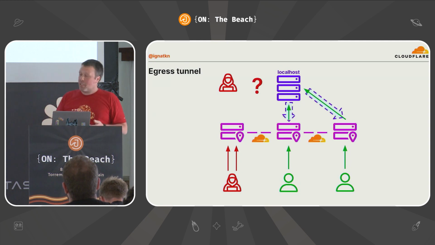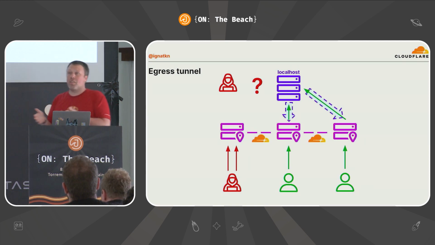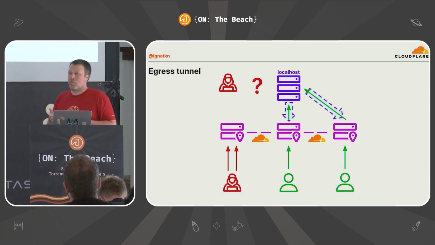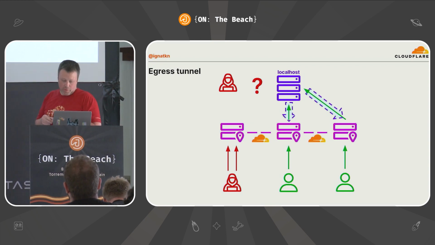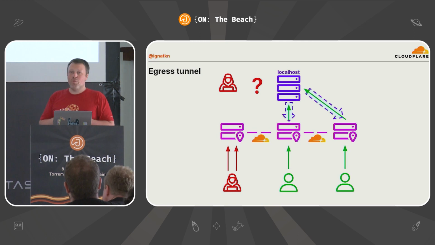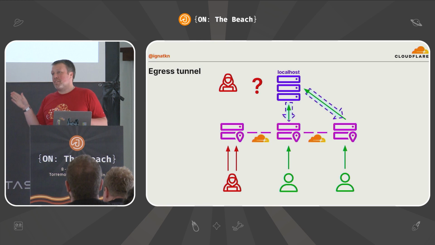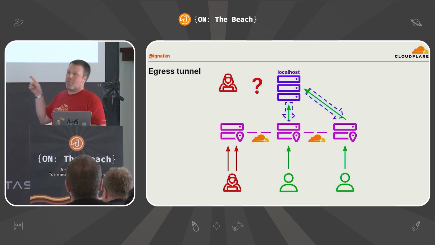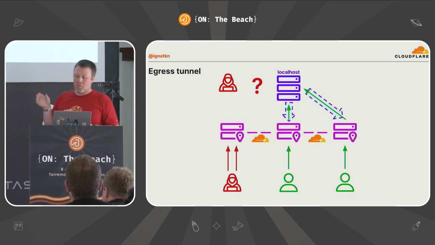The attacker who wants to bypass the CDN has no idea how to connect to your backend server directly, because you don't have an internet routable IP address on your server. Cool? Clear? So yeah, the advice here: if you're using a CDN, do check if they have this feature and try to utilize it.